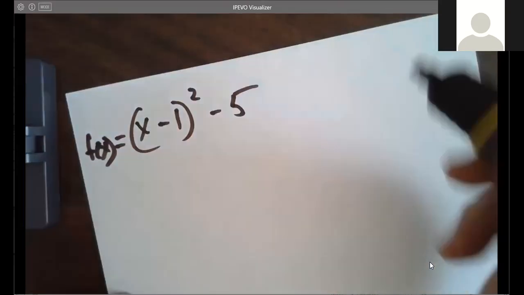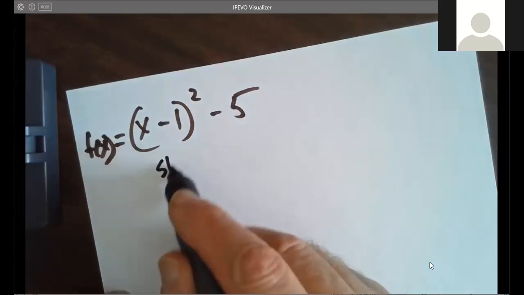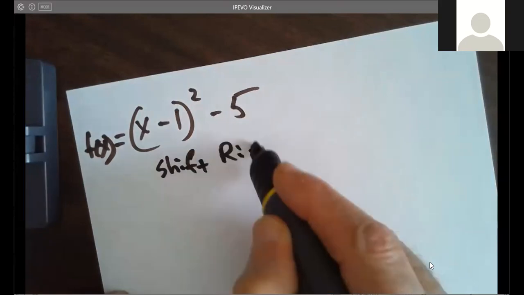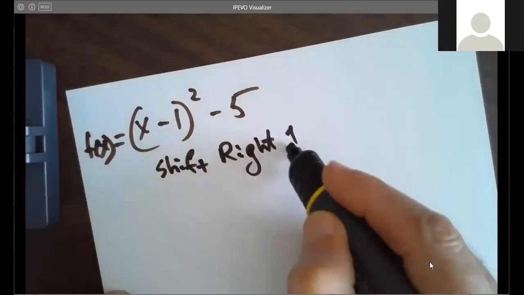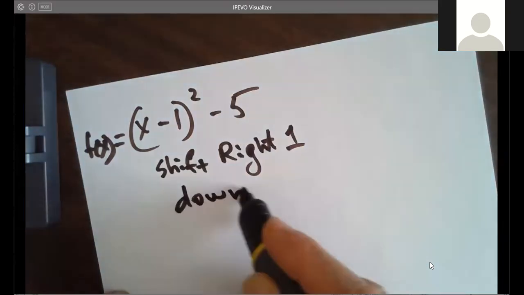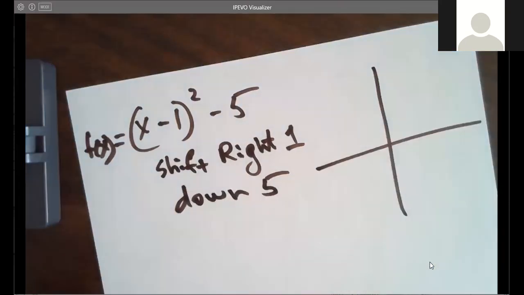Alright, so just for practice, because it's inside, it's going to shift again, it's going to shift right. This time 1 space and down 5 spaces. So this graph shifts right.